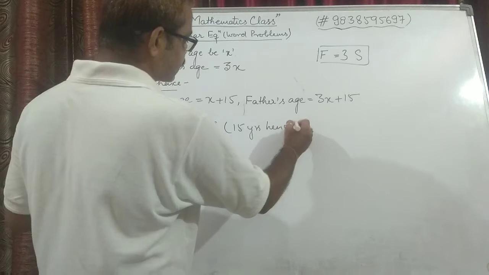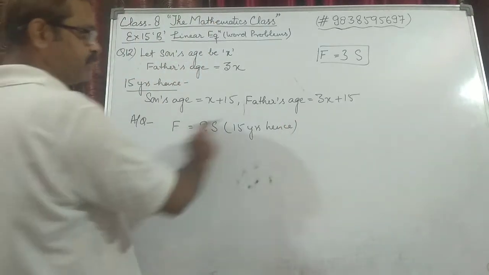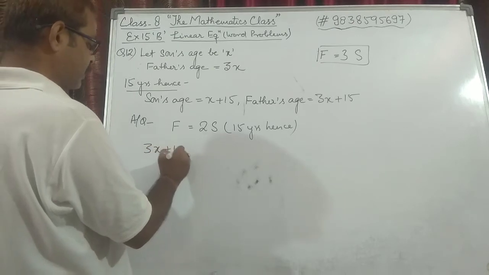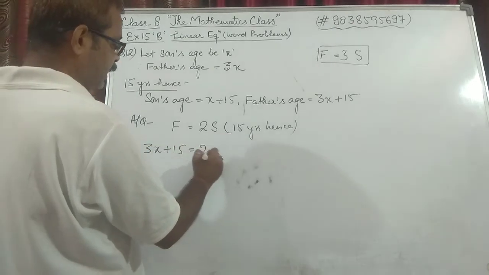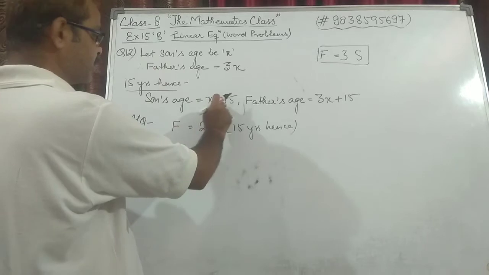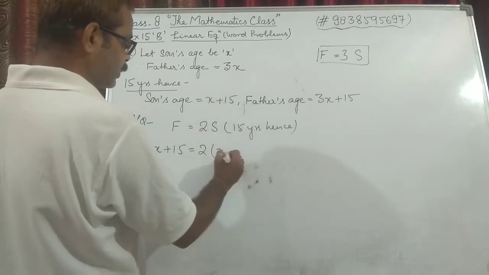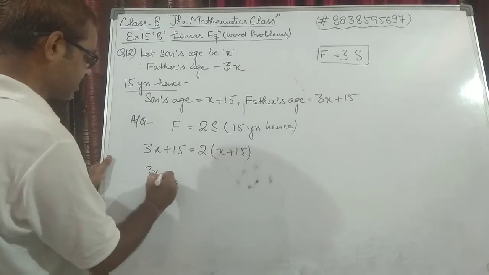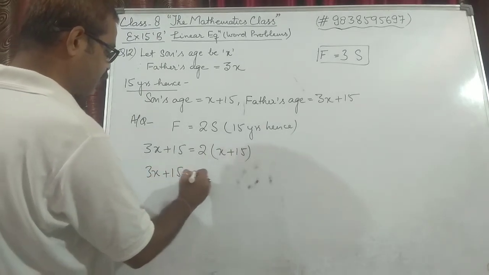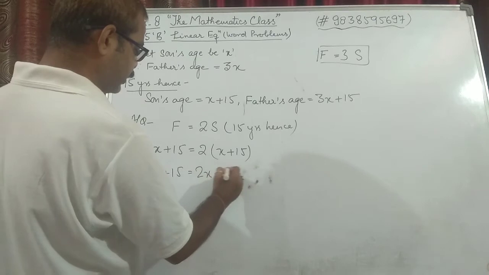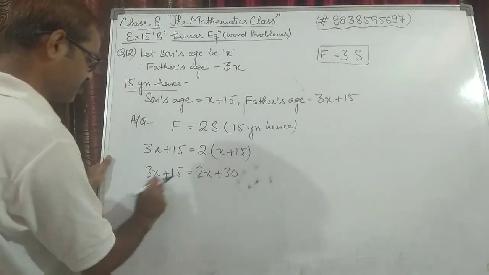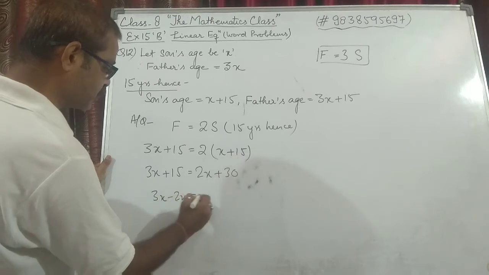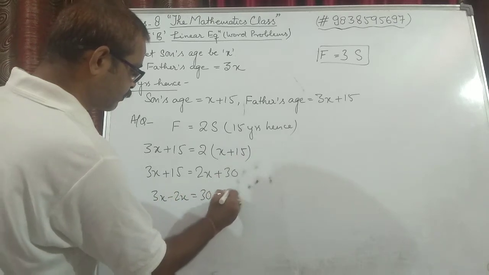So the father's age after 15 years, 3x plus 15, is equal to 2 times the son's age after 15 years, x plus 15. Now we can just solve it. So 3x plus 15 is equal to 2x plus 15, 2 times 15 is 30. 2x comes to this side, 15 goes to that side. So 3x minus 2x is equal to 30 minus 15.